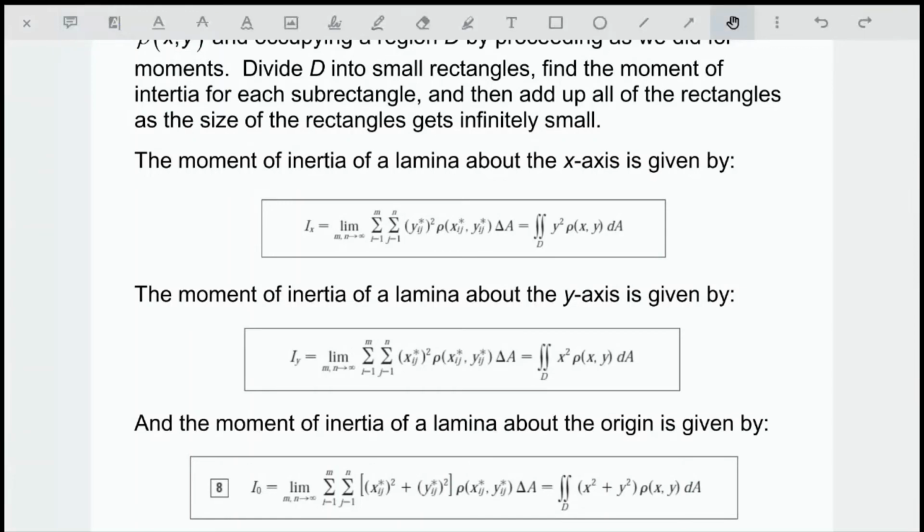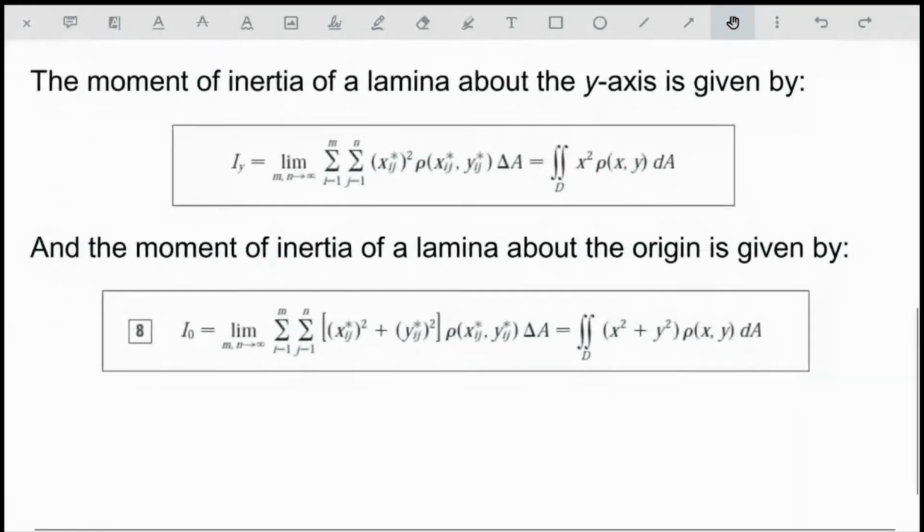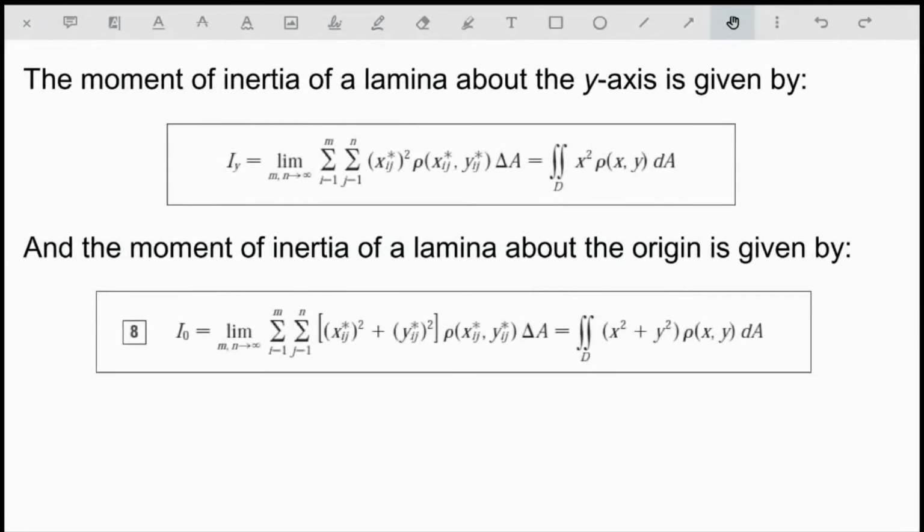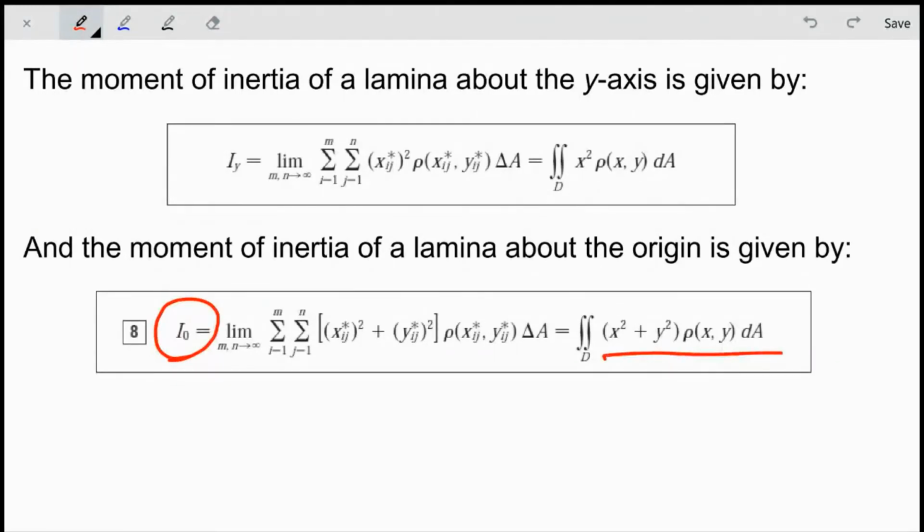Okay, so let's talk about moment of inertia about the origin. Now we're going to take the x and the y moment of inertia into account. You can see the moment of inertia about the origin is x squared plus y squared times rho of x, y.